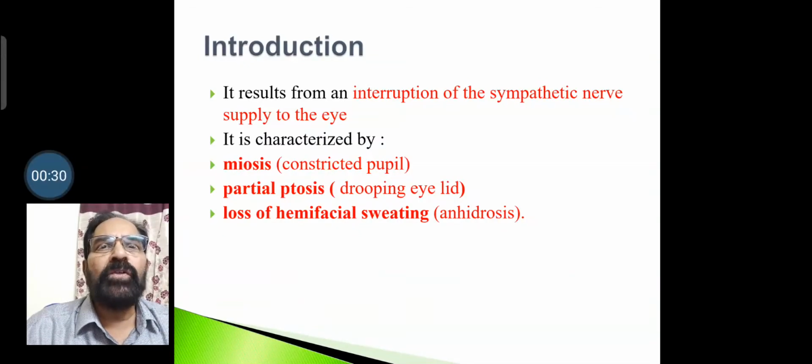And Horner syndrome is characterized by miosis, that is constricted pupil, partial ptosis, that is drooping of eyelid, and loss of hemifacial sweating, also called anhidrosis.